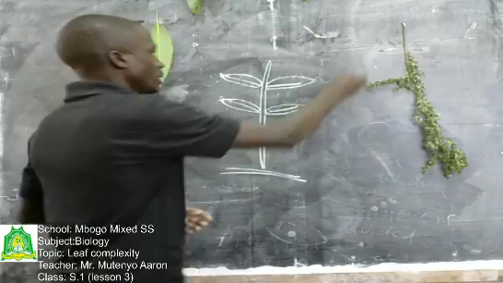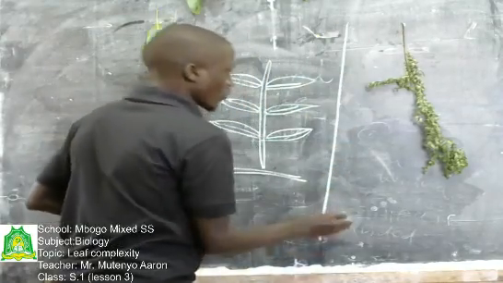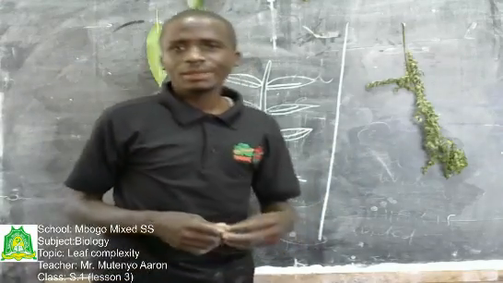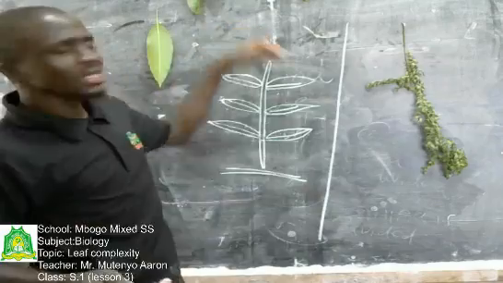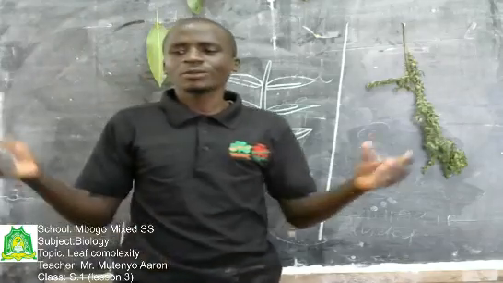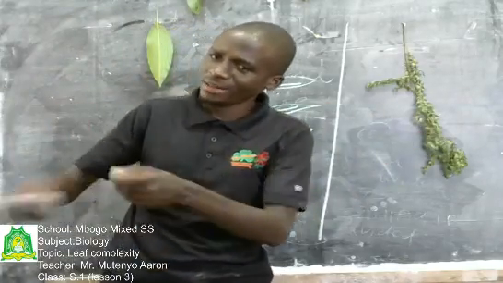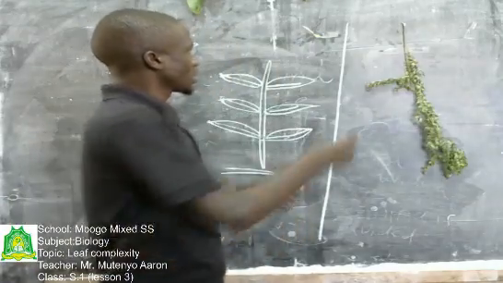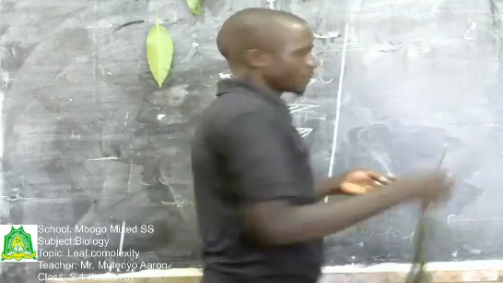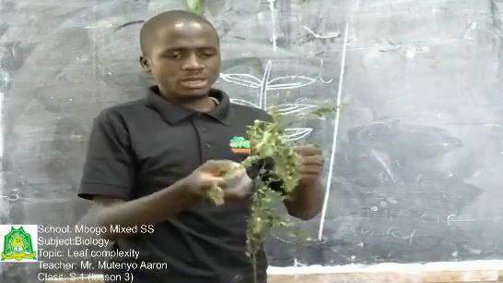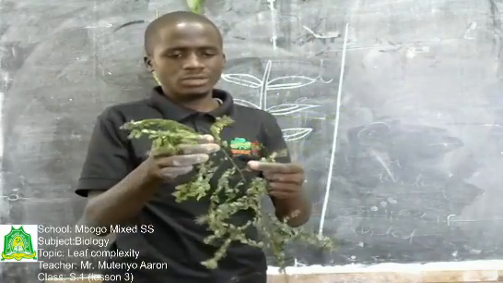Alright? Then we have what we call compound bipinnate. You see this one was pinnate, now we are continuing to bipinnate. Bipinnate is dividing the pinnate again further. So it is as unique as this. This one has almost dried, but we are going to use it for illustration.